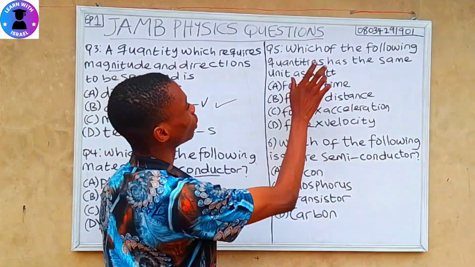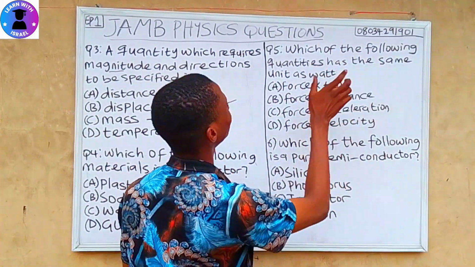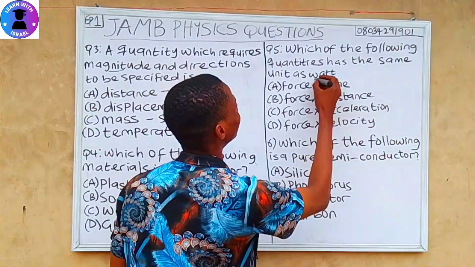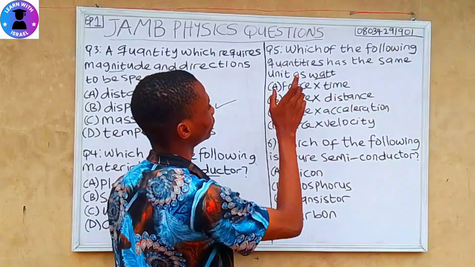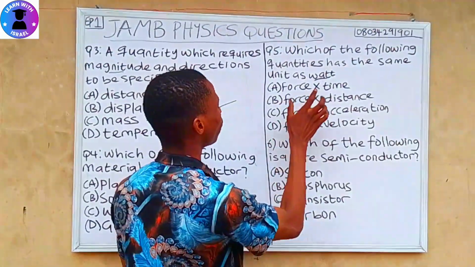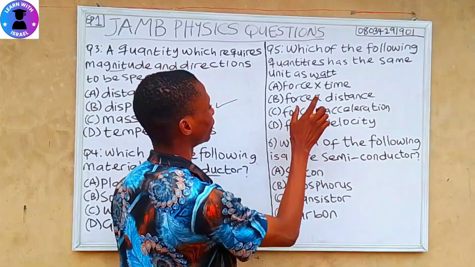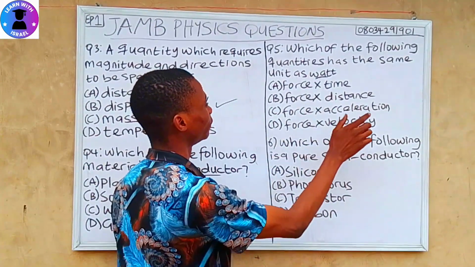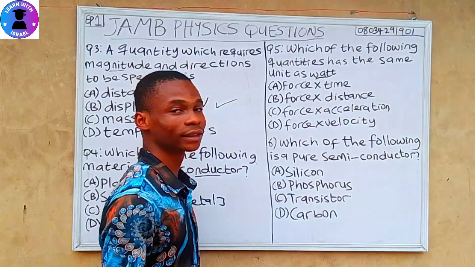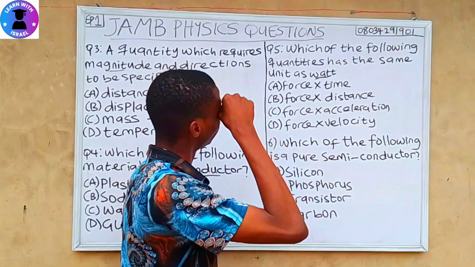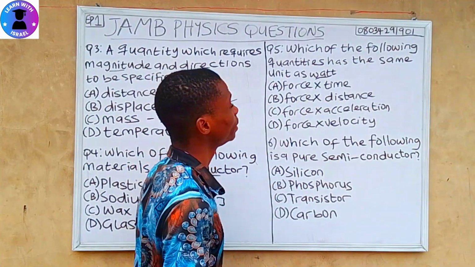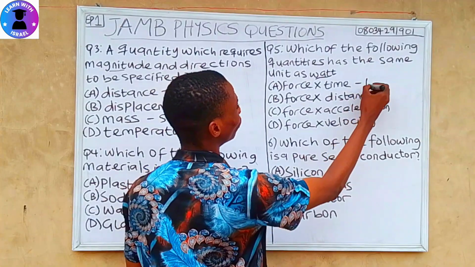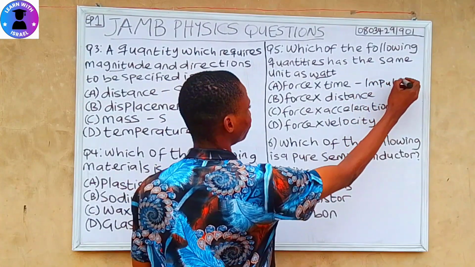Question 5. Which of the following quantities has the same unit as watt? A. Force times time, B. Force times distance, C. Force times acceleration, D. Force times velocity. Let's start from force times time. Force times time is the formula for impulse, which has nothing to do with watt.